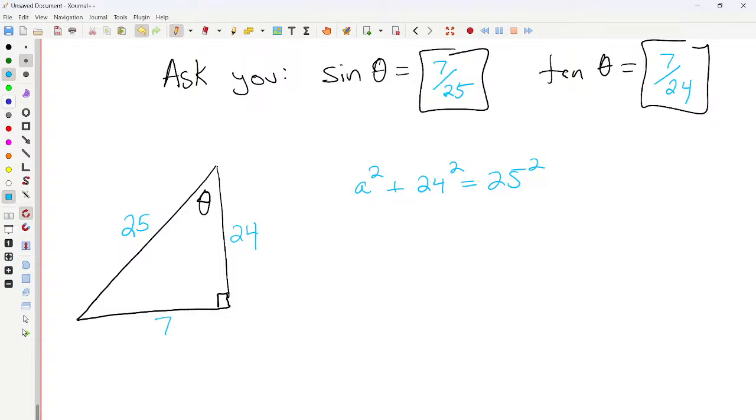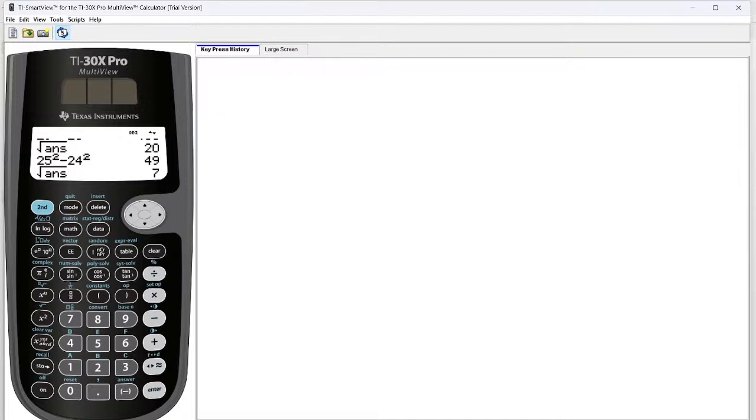If you have a calculator, take it out. Even if you haven't already, we definitely need it right now. And I will tell you, the phone calculator really will end up driving you nuts.